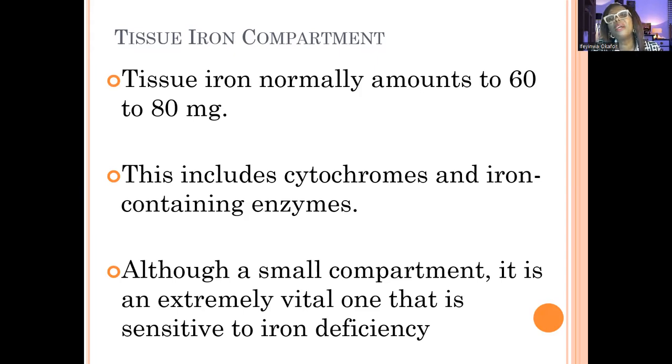As you can see, that's about 2.2% of total body iron content. But it is a very essential compartment of iron because it includes iron that is part of cytochromes and part of our enzymes that are involved in many metabolic processes in the system.